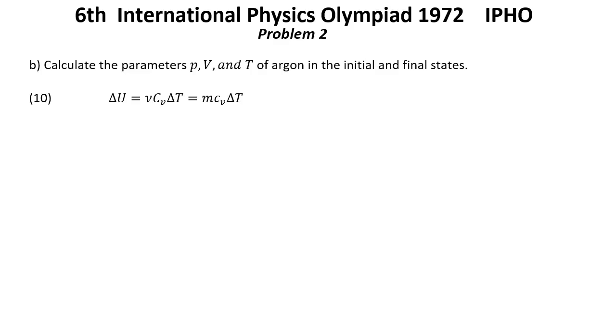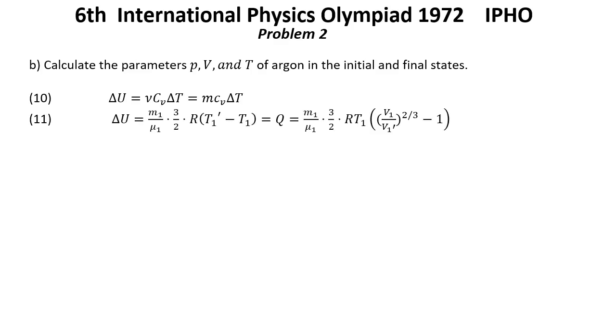We will use indices 1, respectively 2, for the measures corresponding to argon from cylinder A, respectively oxygen from cylinder B. It means that delta U equal m1/mu1 multiplied by 3/2R and multiplied by temperature difference T1 prime minus T1, which is equal Q, and which is equal to this expression when we use previous conditions for TV.